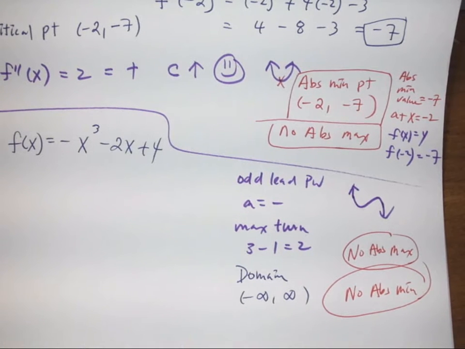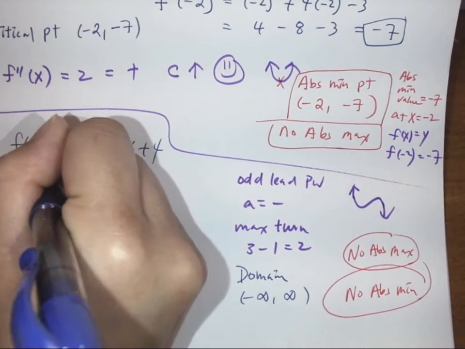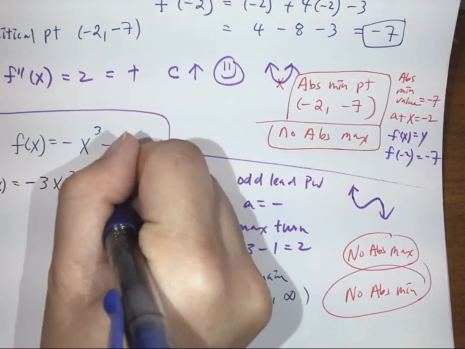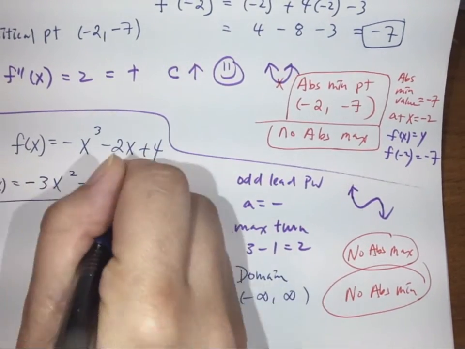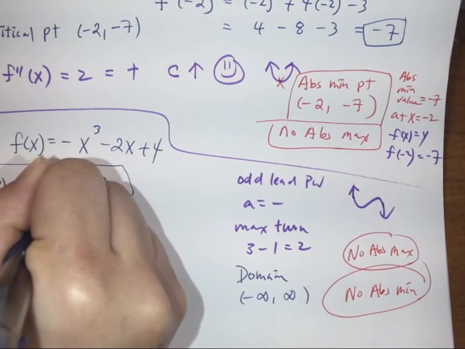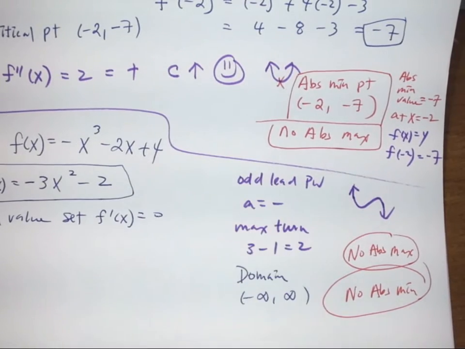So if we do the derivative test, how does it look? If you do f prime of x, that would be -3x squared minus 2, right? And the critical number would be found by setting f prime of x equal to 0.